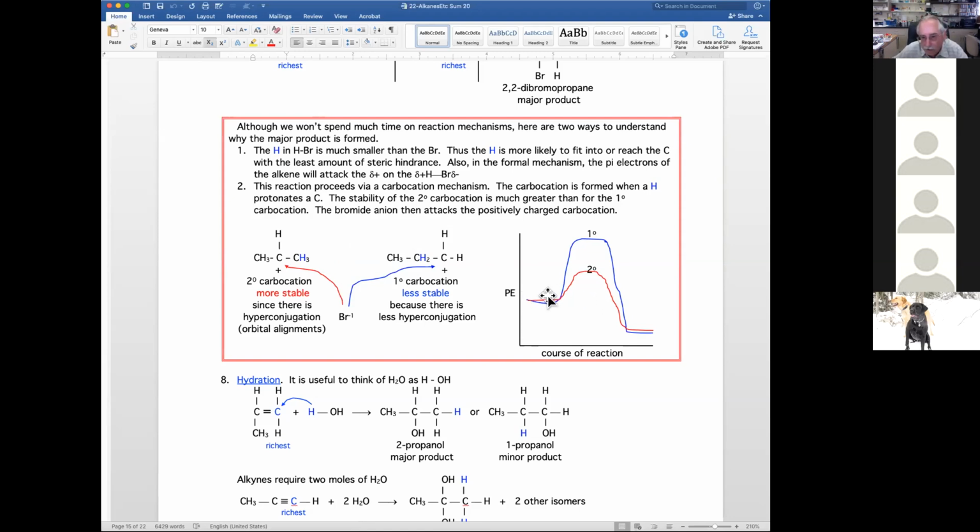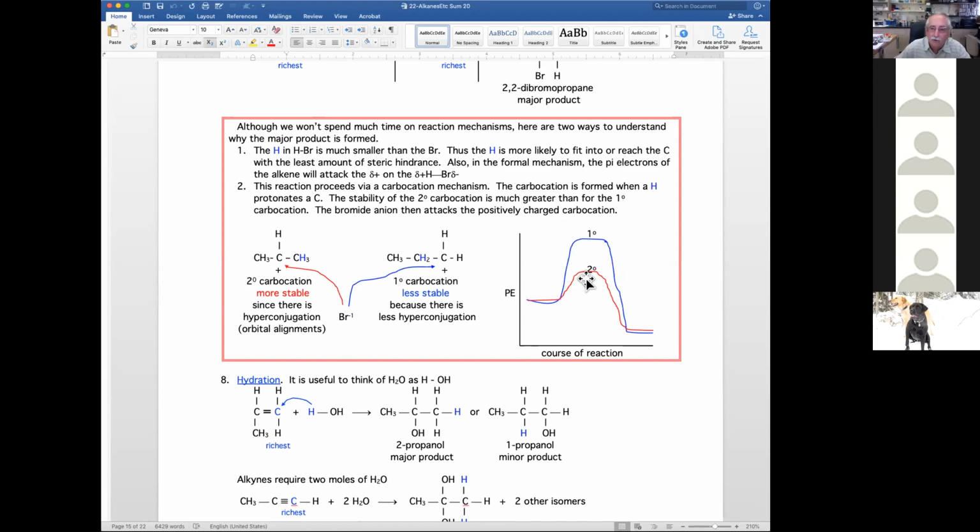Here's the potential energy of your products. Here's some of your reactants. What does it take to get there? In the transition state, which is the highest energy in that mechanism from going from reactants into products, why is the primary carbocation such a higher energy compared to the secondary? Because the secondary is stabilized by hyperconjugation.